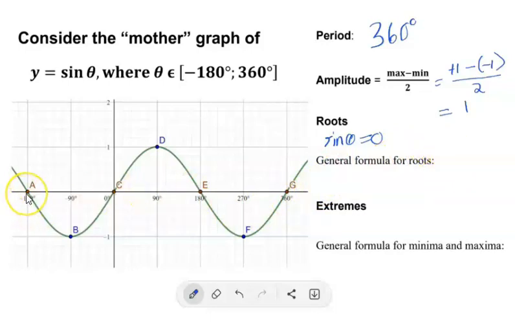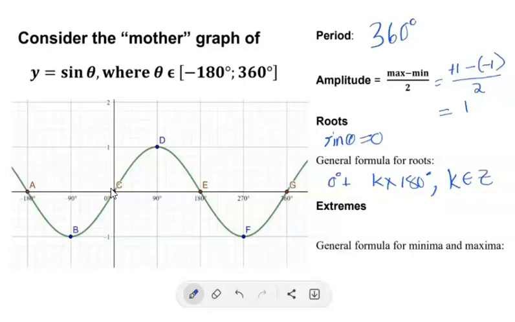We see it occurs every 180 degrees. So we can start with any number, for instance 0 degrees, and then we can add k times 180 degrees to get to all the roots, where k is a whole number from negative infinity going through minus 3, minus 2, minus 1, 0, etc.